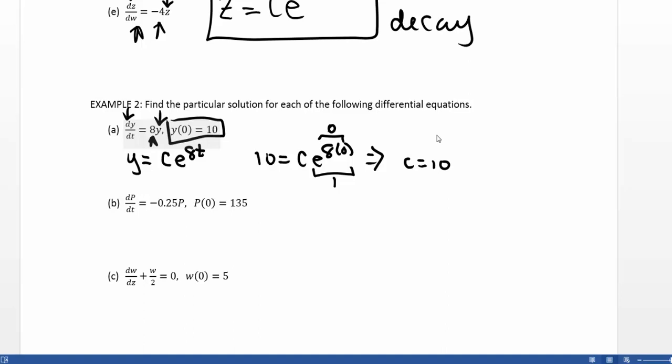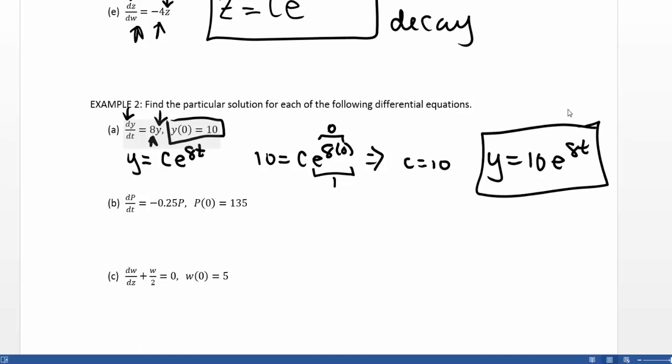So if c equals 10, then my particular solution is y equals 10e to the 8t. So we find the particular solution that satisfies this differential equation by starting with the general solution and then using the initial information to solve for the exact solution that I want.